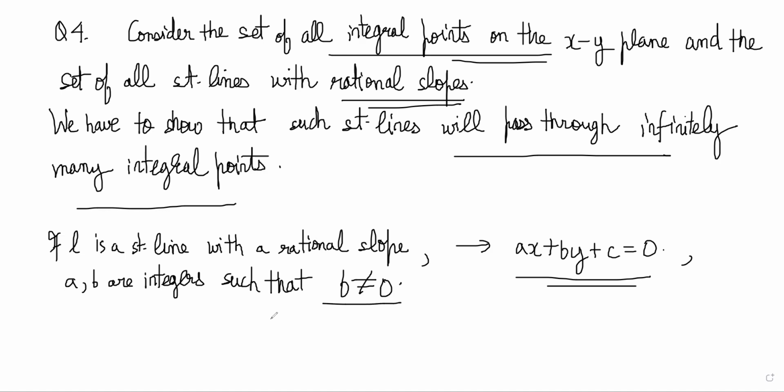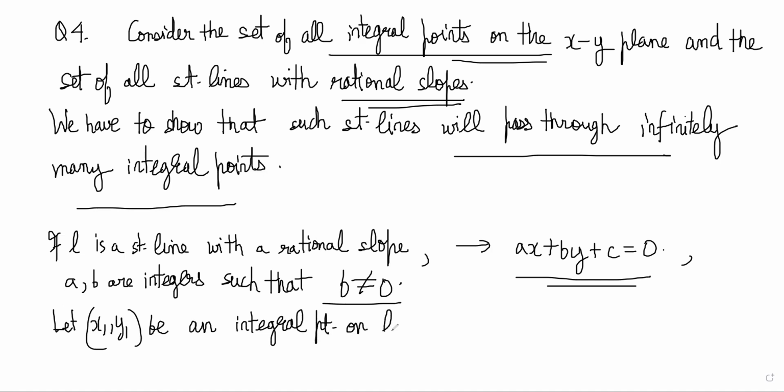Slope has to be rational, right? Now we say let x1, y1 be an integral point on line L. That means x1, y1 are integers and ax1 plus by1 plus c equal to 0, right?